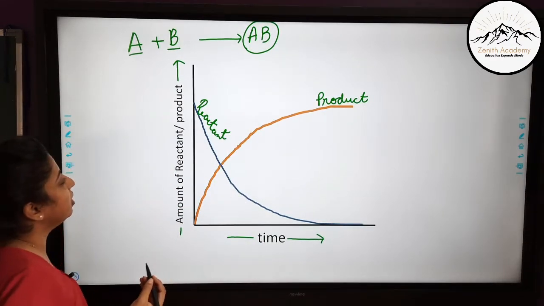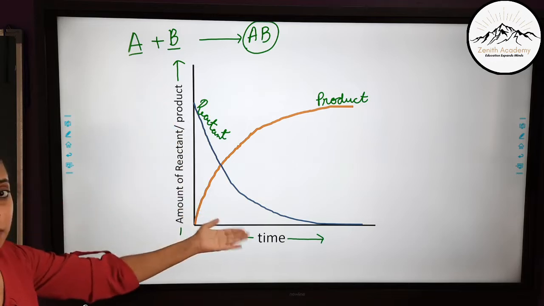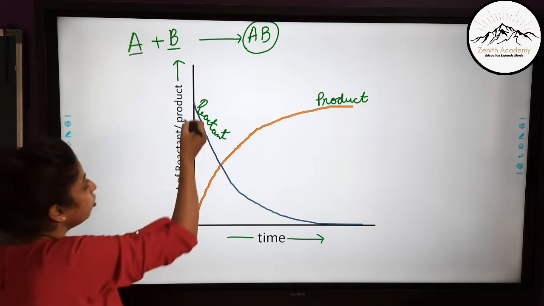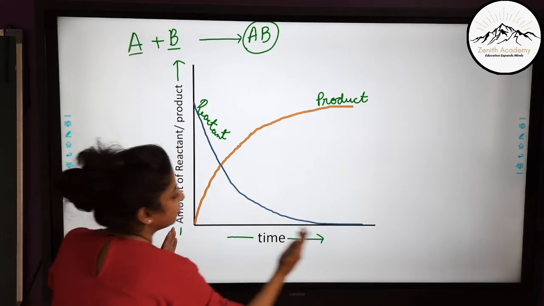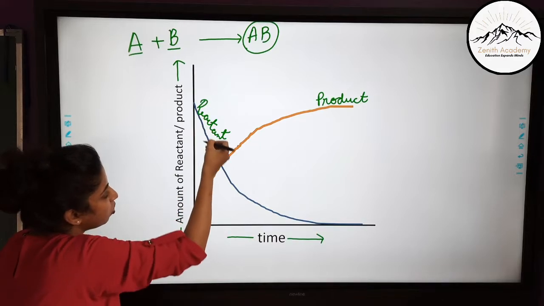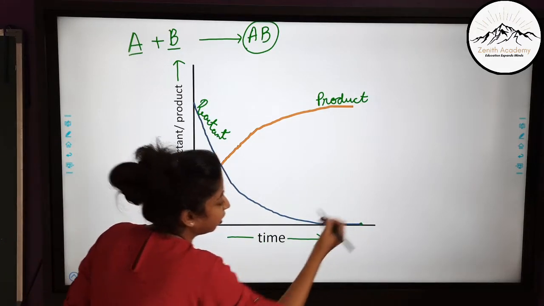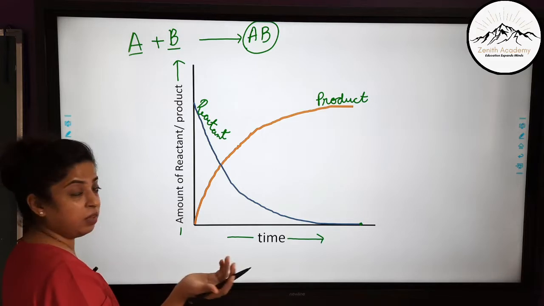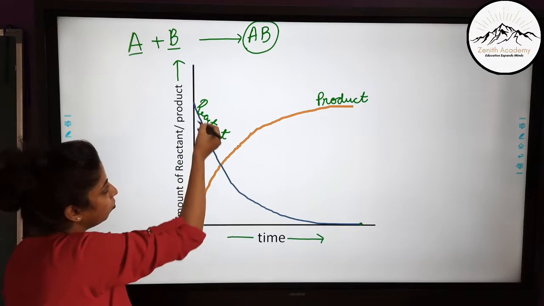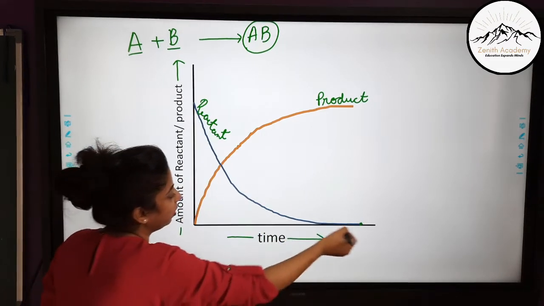So the amount of A and B will go on decreasing and the amount of AB will go on increasing. So let's say the amount is in terms of mass. So you see that as time is increasing, the mass of reactant goes on decreasing and then it becomes 0 at a point. Okay. Even if you take the volume, the volume of reactant goes on decreasing with time.